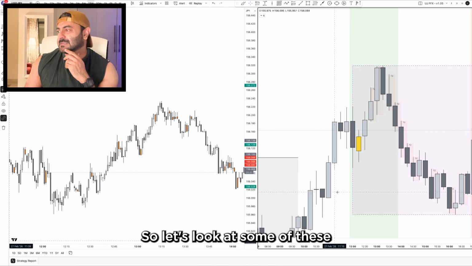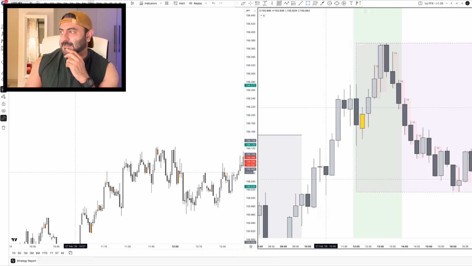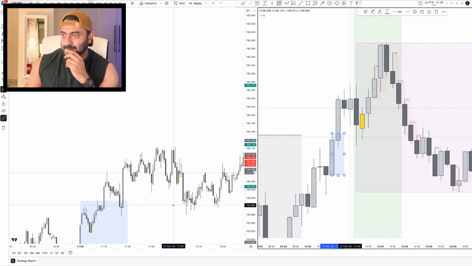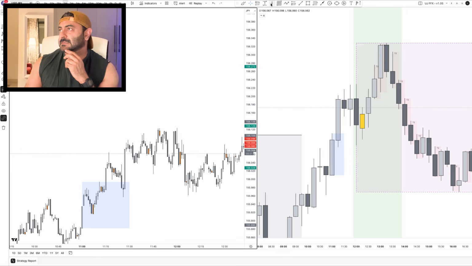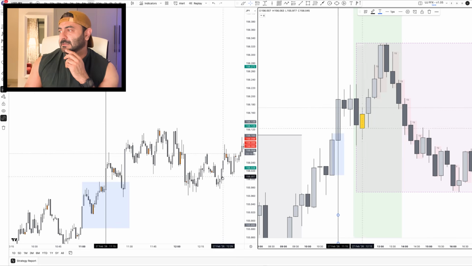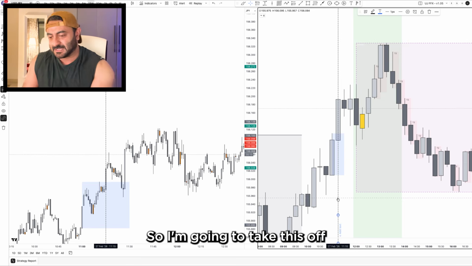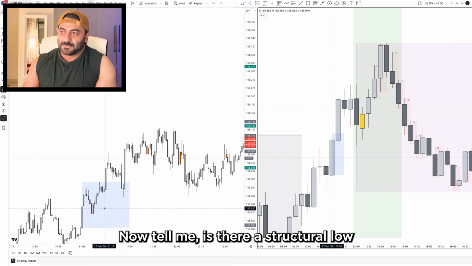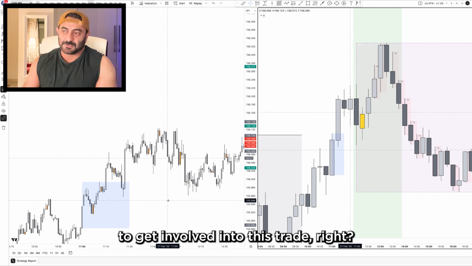So let's look at some of these trades right here. If I highlight this, and if I then place the mark of my second candle right here, right? I'm going to take this out because it's highlighting some of these candles here. Now tell me, is there a structural low that has been taken for me to get involved in this trade?